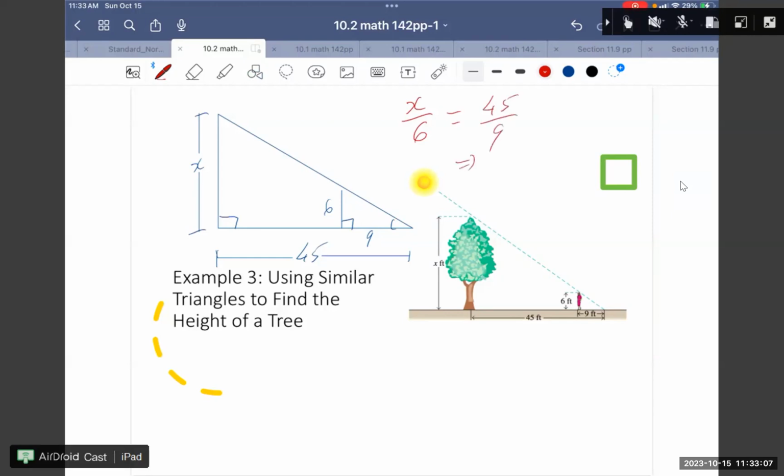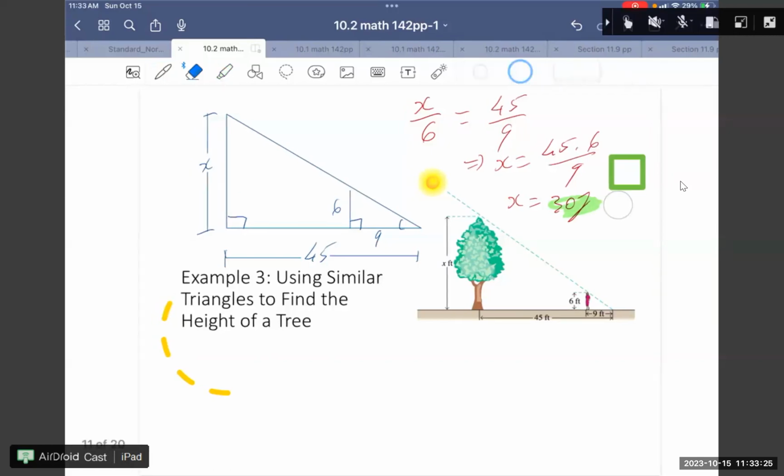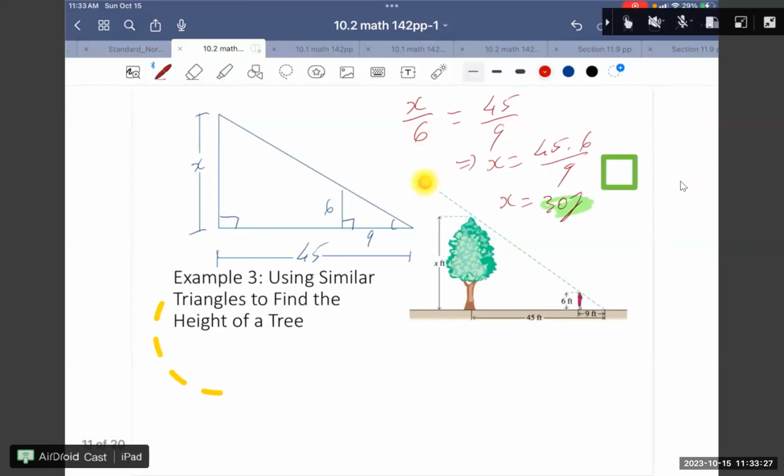Therefore X equals 45 times 6 over 9, so X equals 30 feet. So the tree is 30 feet tall.